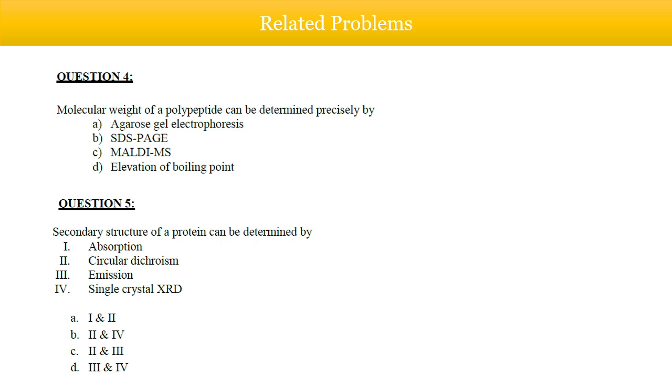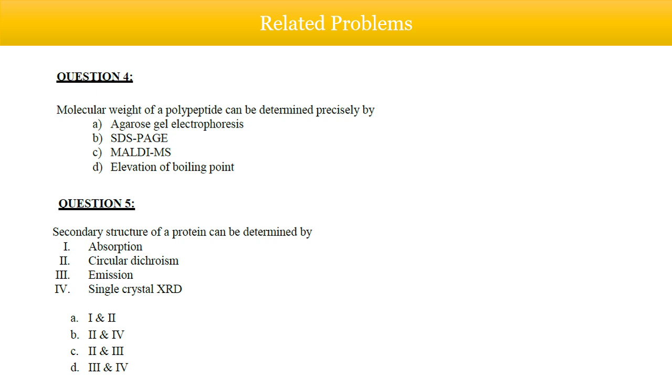Okay, next question. Secondary structure of a protein can be determined by absorption, CD, emission, or single crystal X-ray diffraction. Yes, absolutely correct.